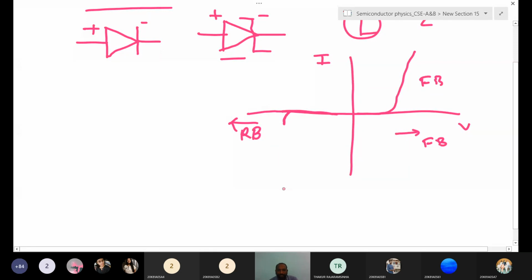In the reverse bias curve, this is the breakdown voltage, VZ, whereas in forward bias this is the threshold voltage or knee voltage.